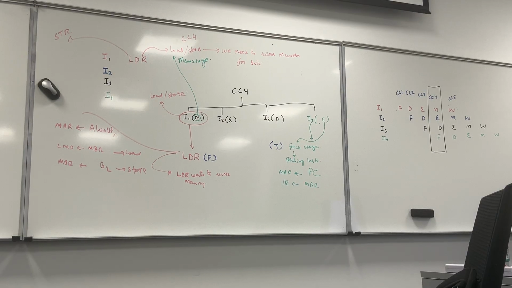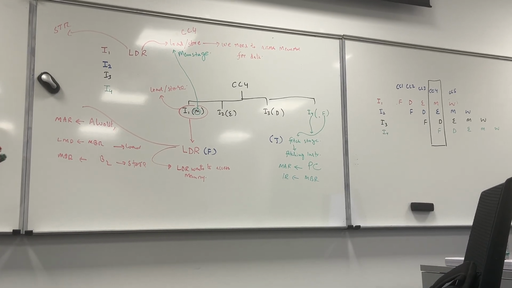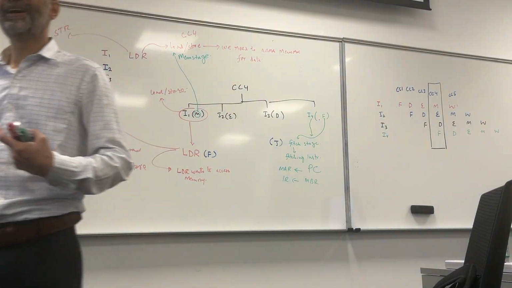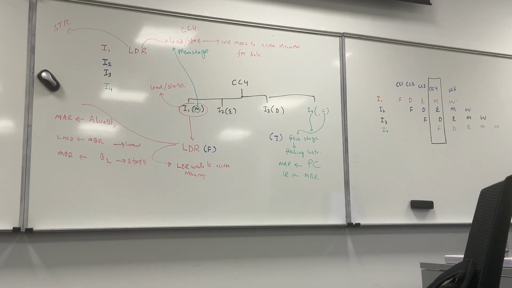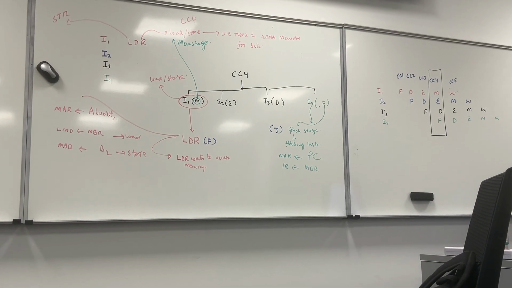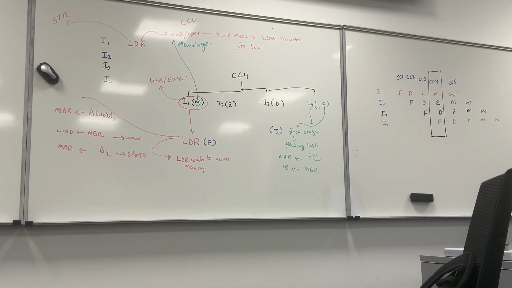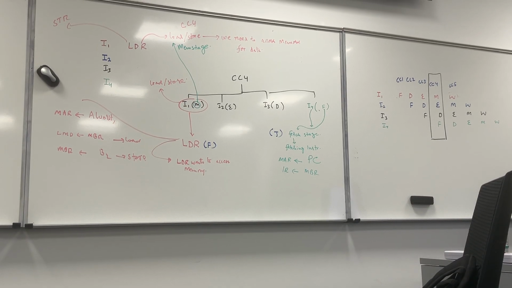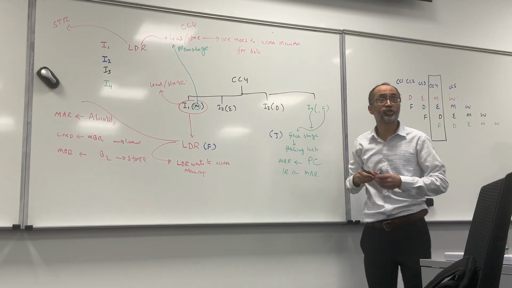How can we solve this problem? Instead of having one professor, we can have two professors. One professor will talk to Fatma, the other professor will talk to Jad. So can we do it at the same time? Yes. So now we have not one memory, but how many memories? We have two memories. We need a separate memory for instruction.